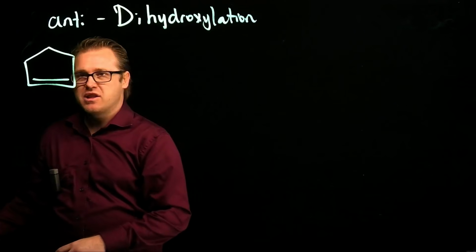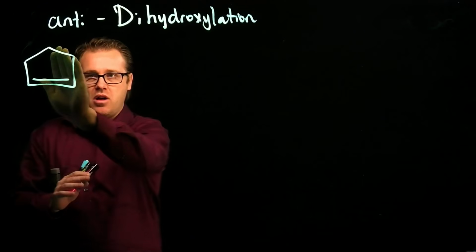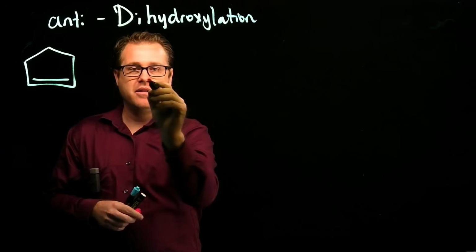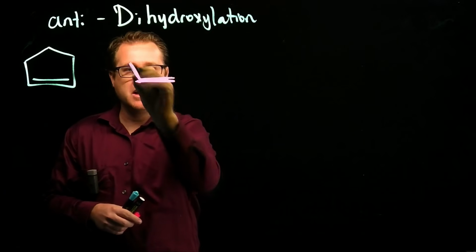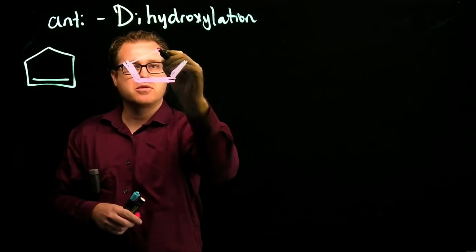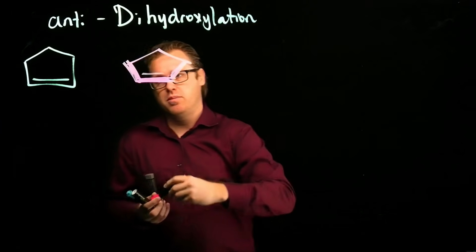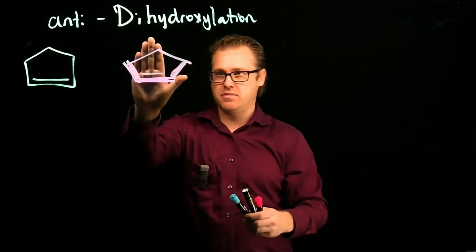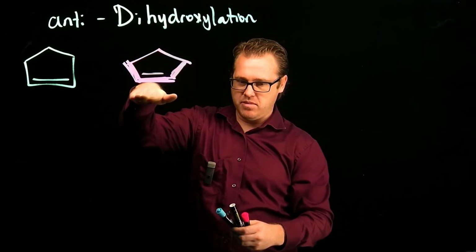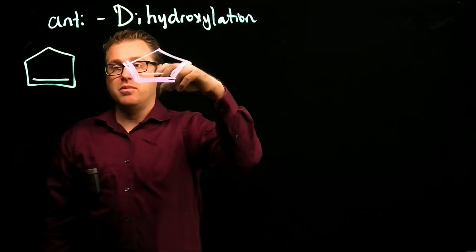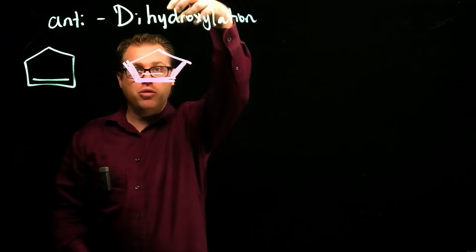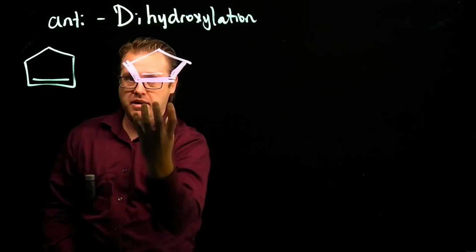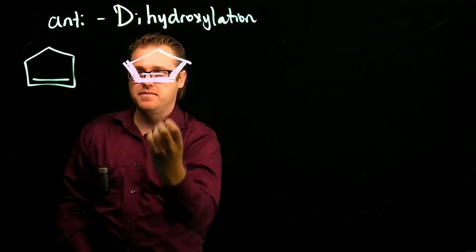I want you to understand that this molecule is in the plane, but if we flip it, it looks more like that. So this molecule's in the plane, this one in pink is rotated by 90 degrees. So the peroxy acid can approach from the top face of the molecule or from underneath. It's a 50-50 chance.